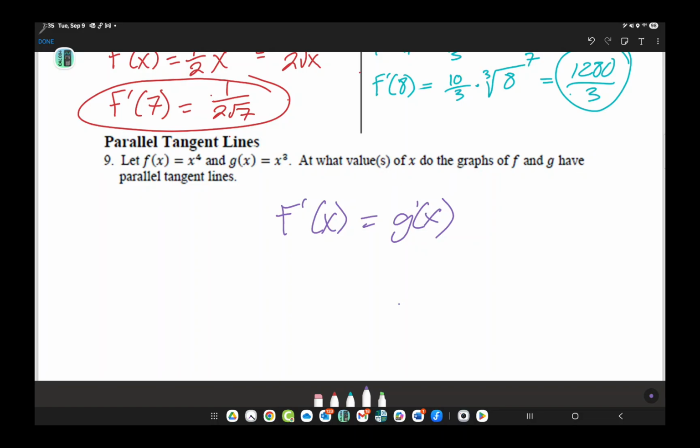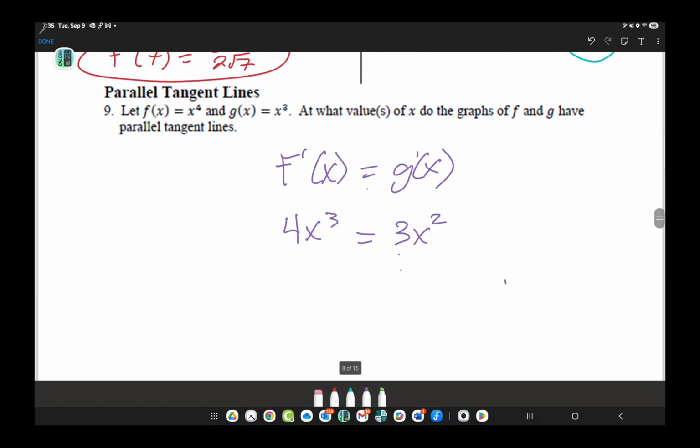That's the question. Now f prime of x, easy enough. Bring down the 4, subtract 1, 4x cubed. When is that equal to g prime? Bring down the 3, subtract 1 from the exponent, 3x squared. So subtract 3x squared over. 4x cubed minus 3x squared is equal to 0. Factor out the x squared, x squared times 4x minus 3 equals 0.